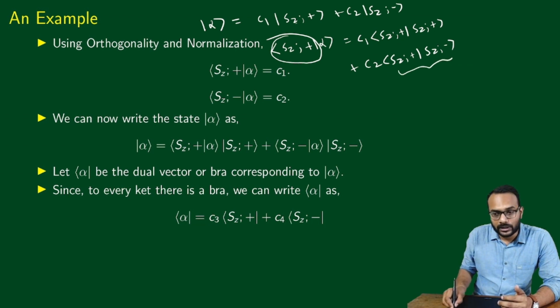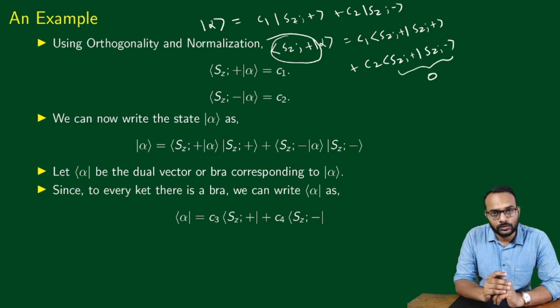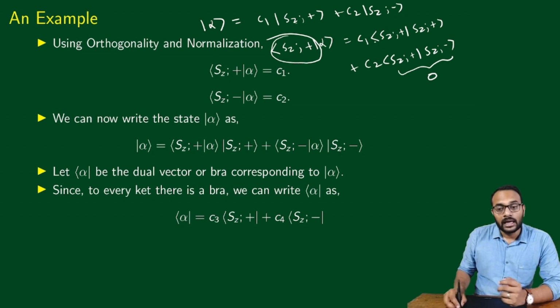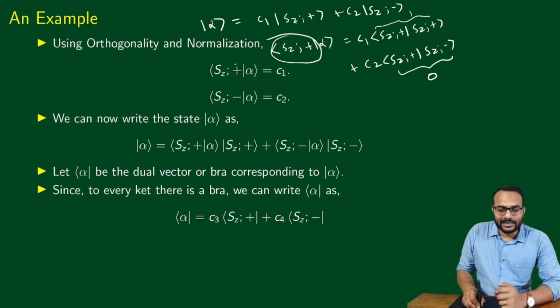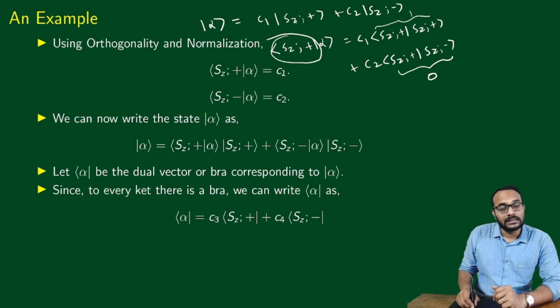Now by orthogonality, this is 0, because from the experimental side we already saw that Sz plus has no component along the Sz minus direction. So these are orthogonal states, and this is 0. We had already used normalized base vectors, so this is equal to 1. So we see that the bracket ⟨Sz+|α⟩ is equal to C1.